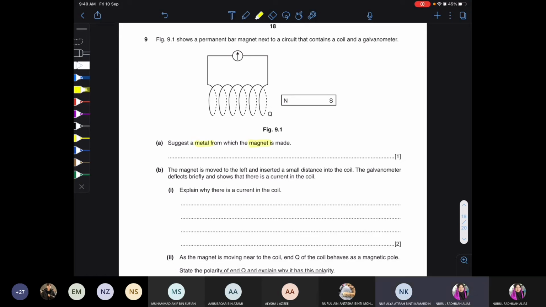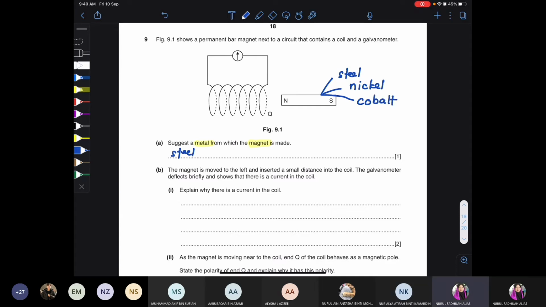Steel. What else can a magnet be made from? Steel or? Nickel. And another one, cobalt.